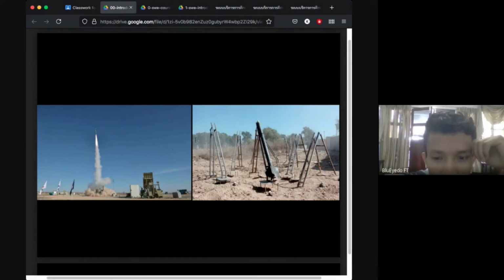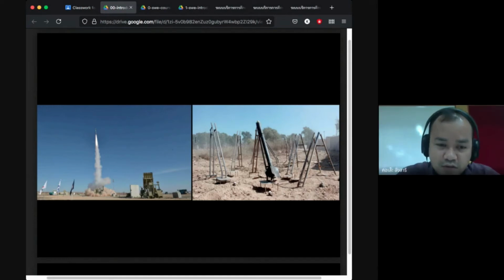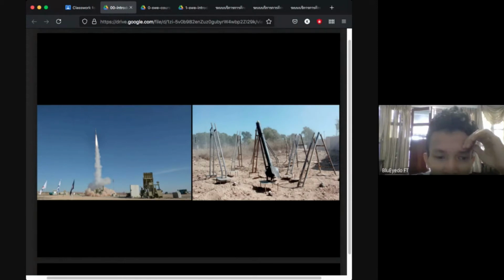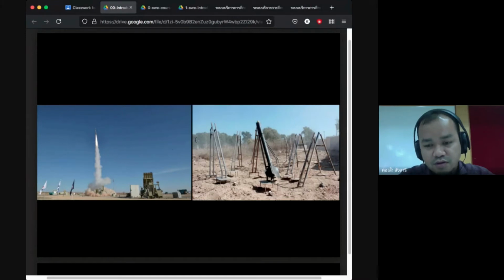Palestine on the right and Israel on the left, right? Yes. What do you think? What do you see in this figure? That Israel has more advantage in technology. Yes, you're right.